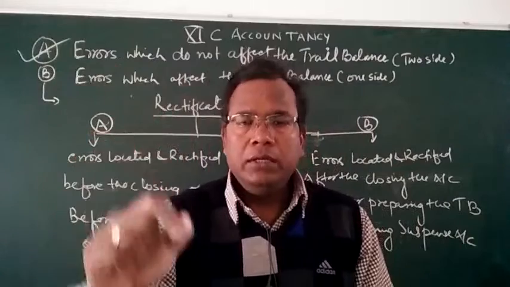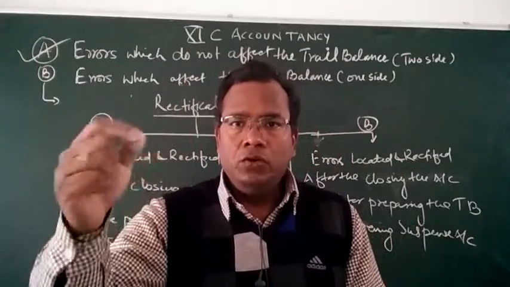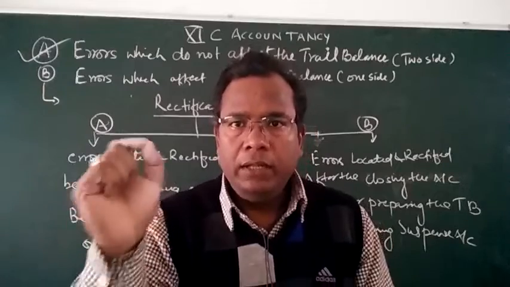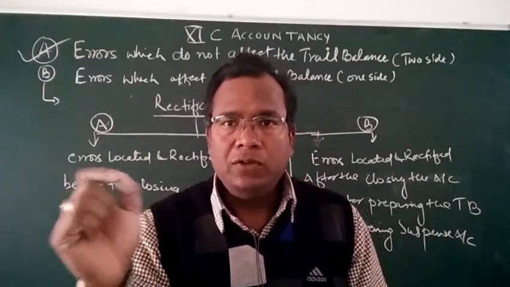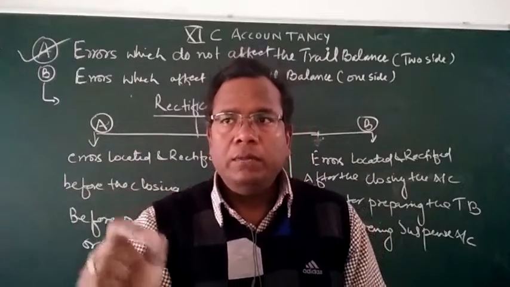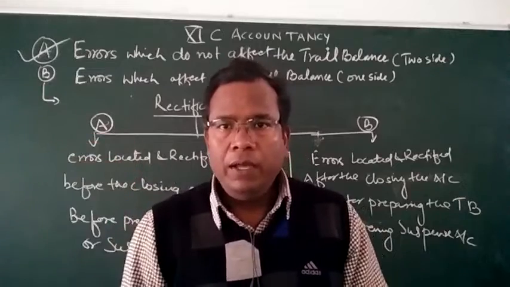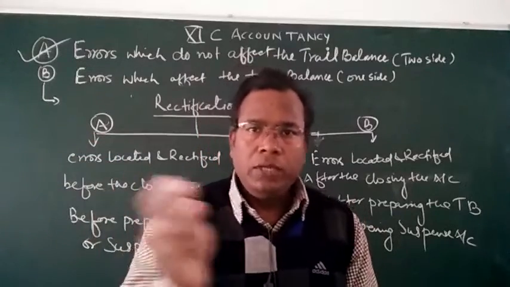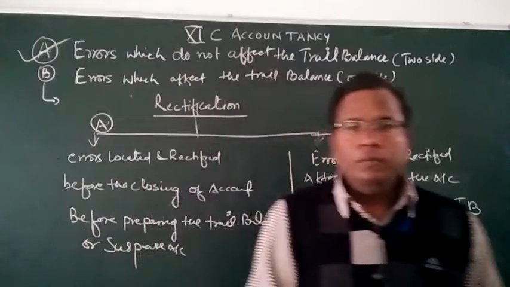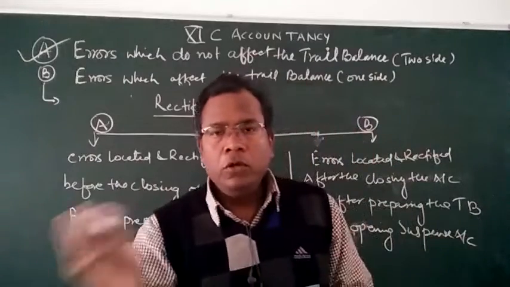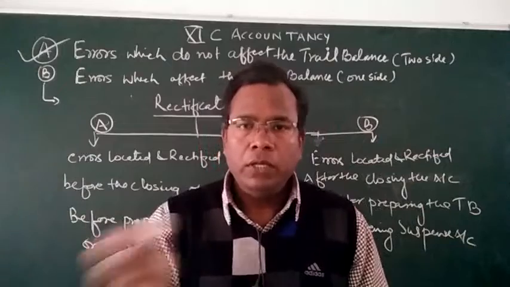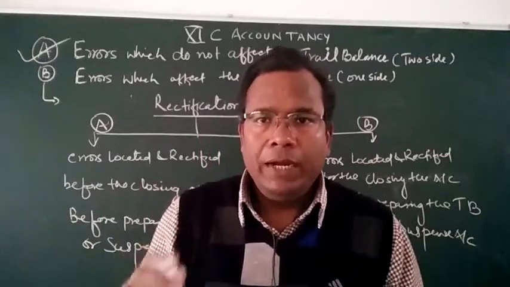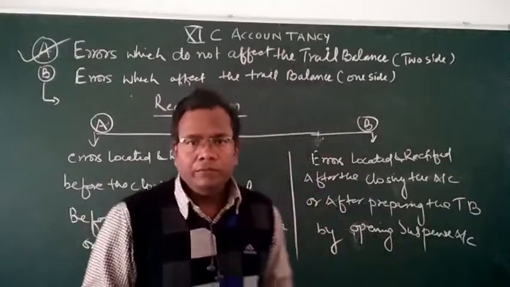So it is the easiest process to rectify the errors, because till that day the trial balance has not been prepared, so the errors can easily be rectified by posting the amounts or rectifying the entries, because the errors are located before the preparation of the trial balance, before closing the accounts, or before the preparation of the financial statement, you can say. That's why we can easily rectify.